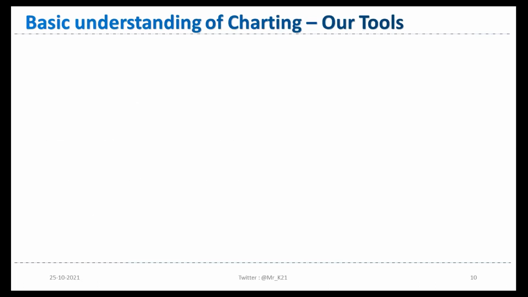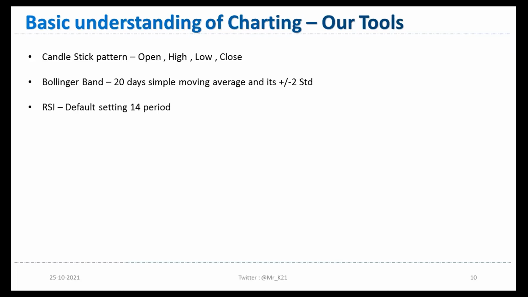Now let's understand our tools, what tools we are using for option buying. Here we are using only three basic things in charting: a candlestick pattern. In a candlestick pattern, we have 4 data points: open, high, low, close. I guess everyone knows this. Another indicator we require is Bollinger Band.